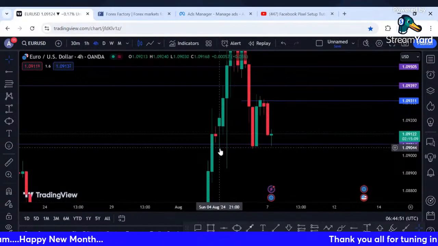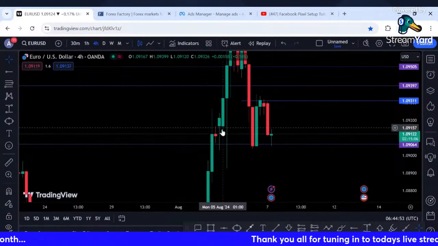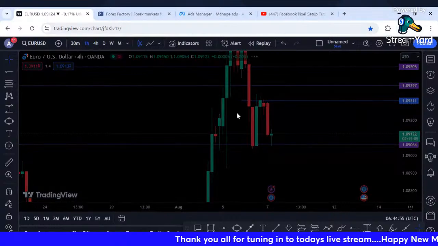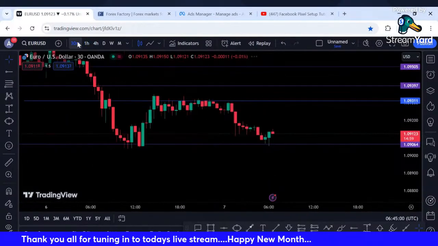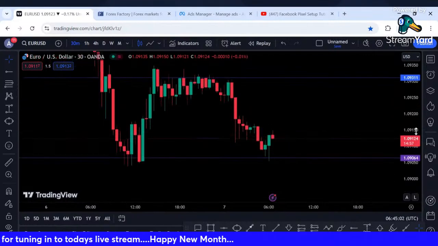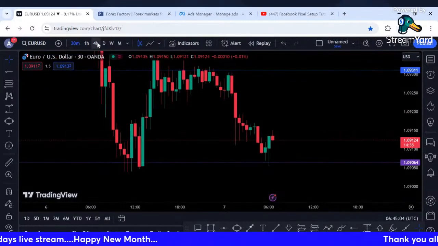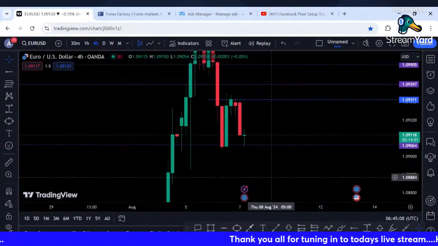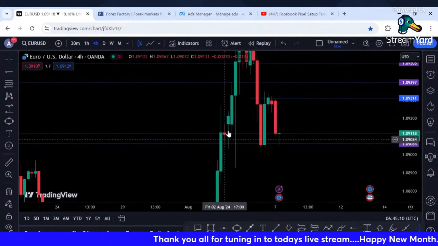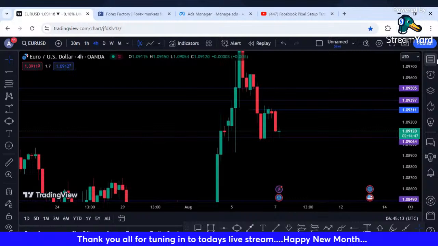H4 looks like a downtrend, and the moment this point breaks, H1 too looks like a downtrend. So for me, I'll just relax and chill.